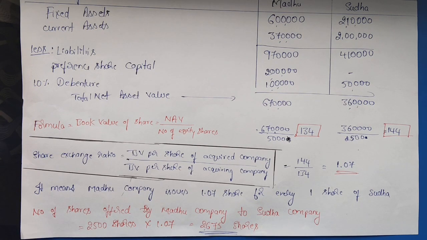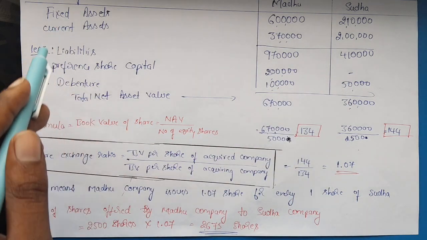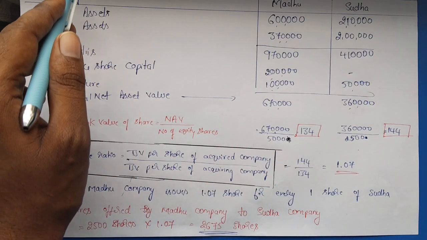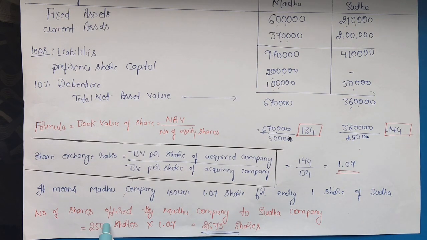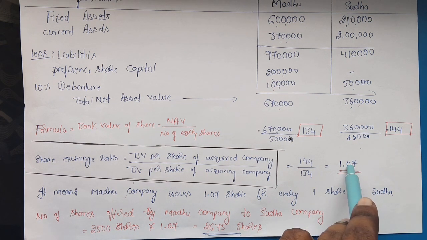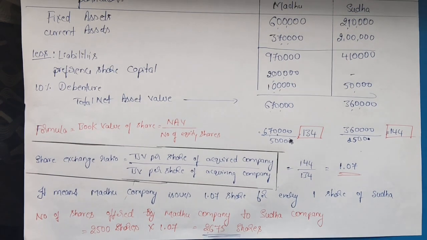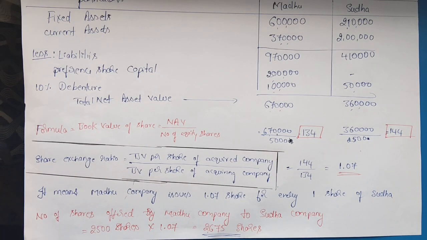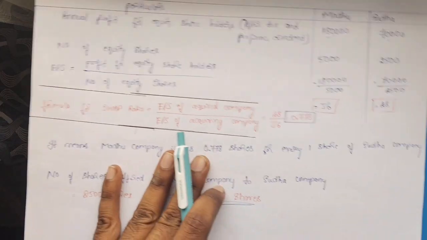That means an extra 175 shares they are going to offer to the Sudha company, because of the swap ratio of Sudha company under the net assets method, which is 1.07, and they are holding 2,500 shares. So the number of shares is 2,500 and the ratio is 1.07. 2,500 into 1.07 becomes 2,675 again. It's clear.